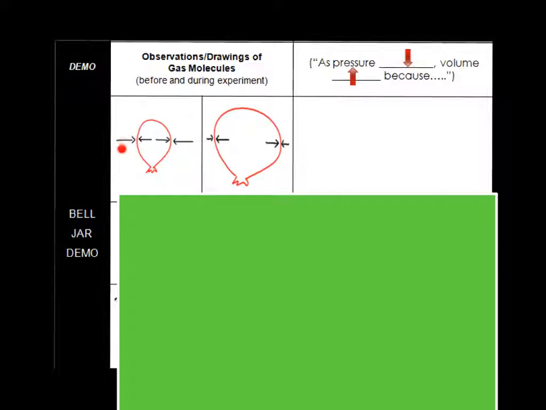So these arrows on the inside and outside right here should be equal, so it's being supported. Now after the experiment, the marshmallows are expanding in size, and why that's happening is because the pressure inside here, you notice the arrow's bigger, it's pushing out greater than the atmosphere is pushing in.